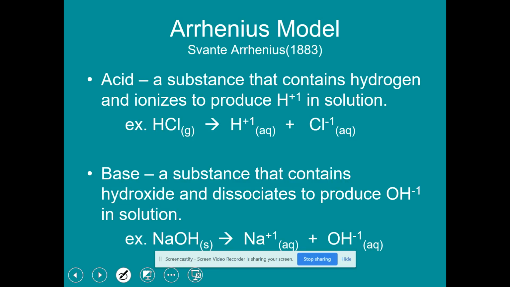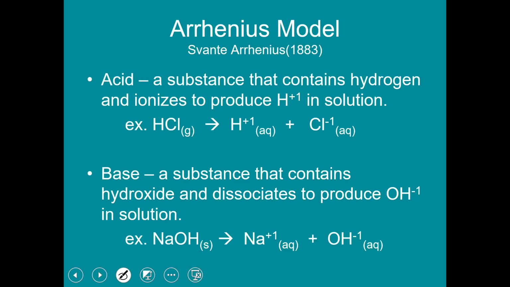Now, Arrhenius recognized this in the 1800s. Svante Arrhenius was a Swedish chemist. He recognized that if you add something to a solution and you get hydrogen ions in that solution, that is going to give you more hydrogens than hydroxides, and that's going to act like an acid.